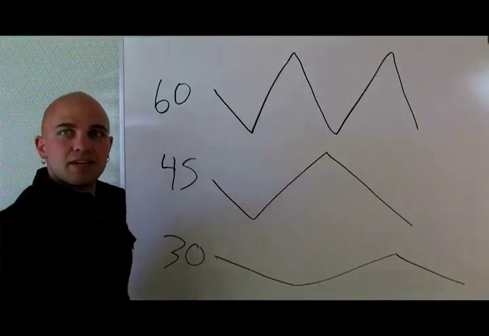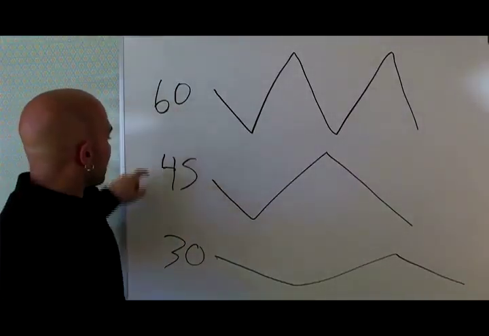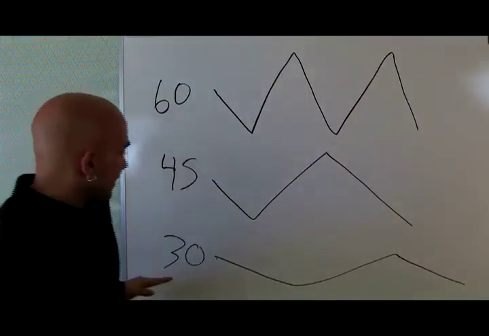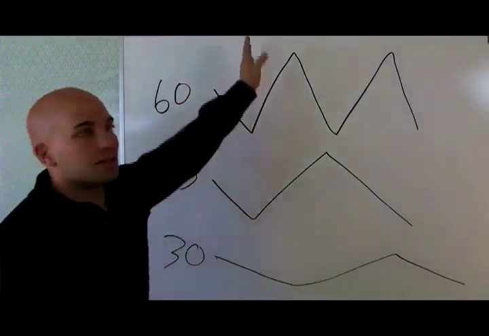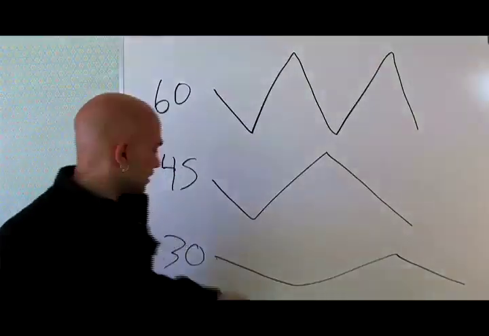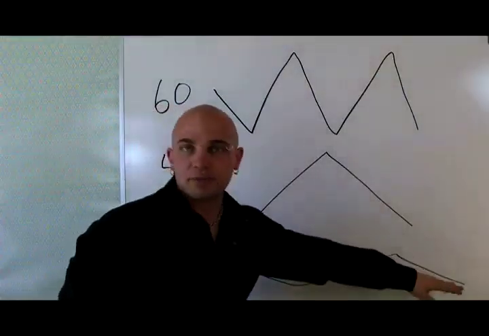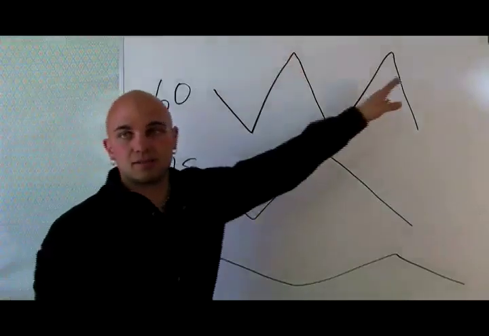So here we have our three different types of vibrations: 60 degrees, 45 degrees, and 30 degrees. Again, you can see this 30 degrees is a lot more horizontal, whereas the 60 degrees is a lot more vertical. So we actually call this a low frequency and a high frequency.